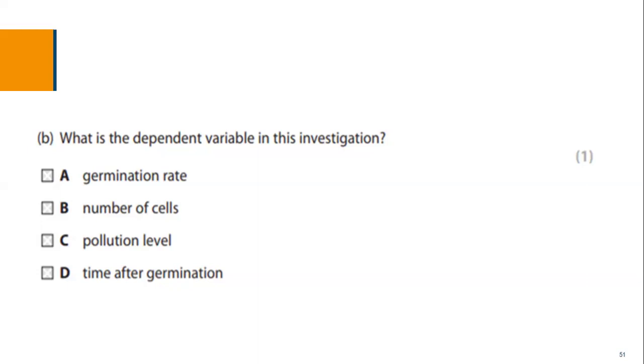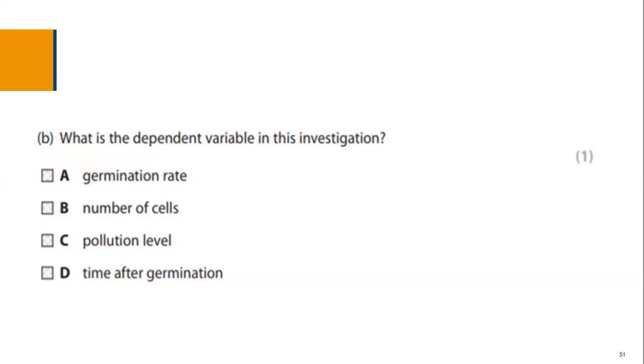This is quite definitely an AO3 question because it is looking at the independent variable. Independent variable is experimental design. Therefore, it is an AO3 question.